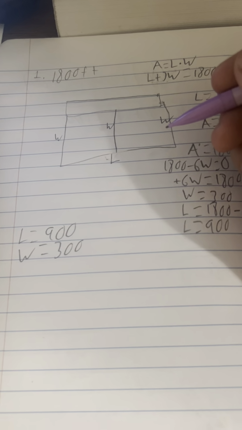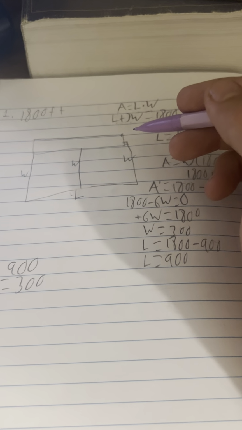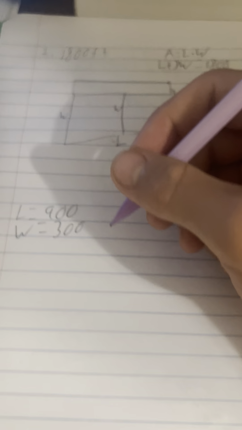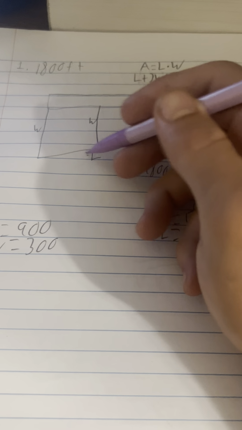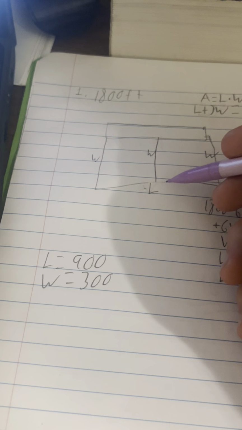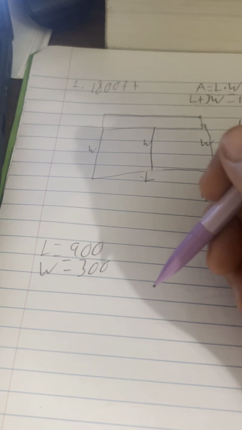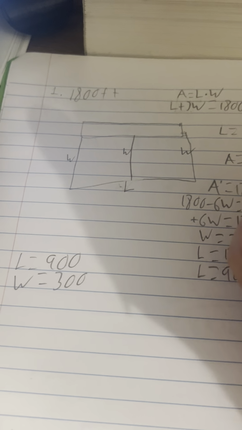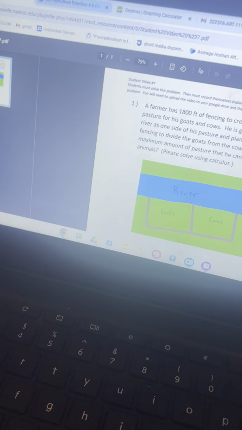So now we just have to multiply. It's still the length times the width because it's just the area. So 900 times 300. I'm using Desmos for that.